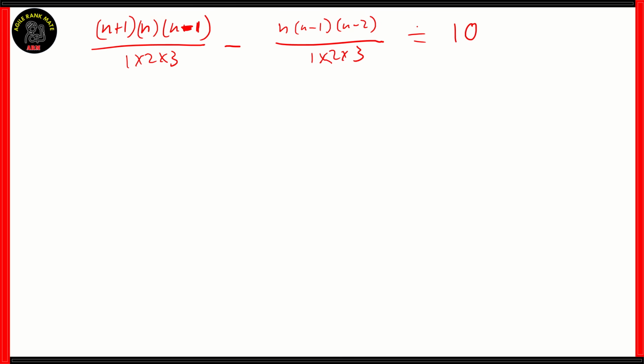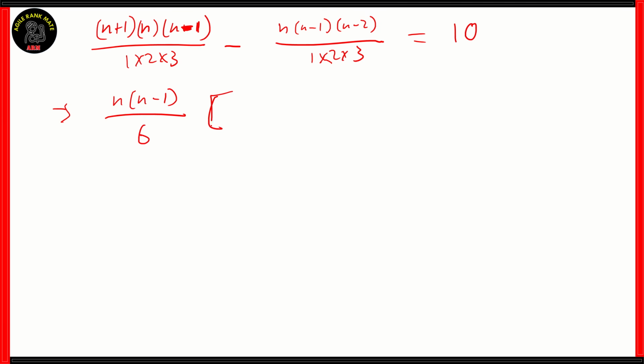So what are we going to do? We need to take the common factors out of this. So here n is common, n minus 1 is common, the denominator is also common. So we'll take n times n minus 1 over the product, which is 3 times 2 times 1, that's 6.